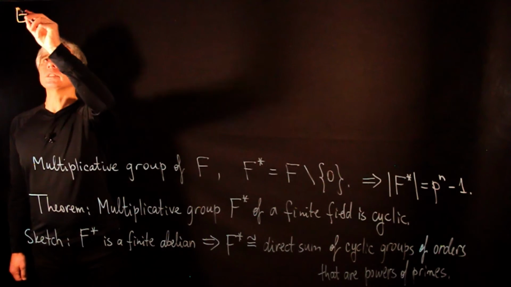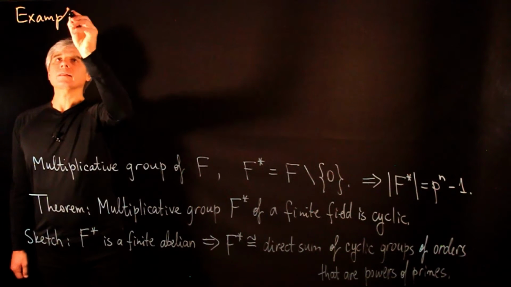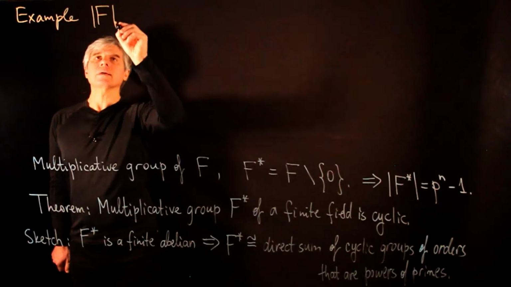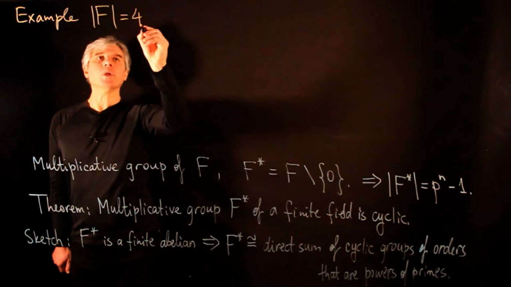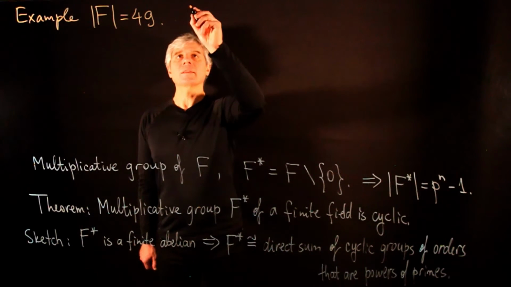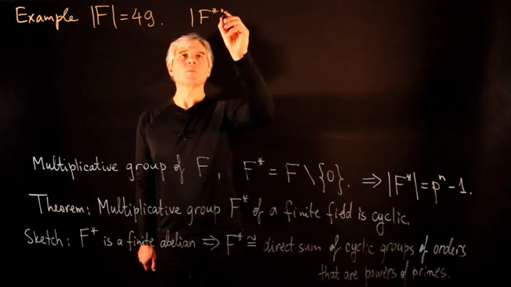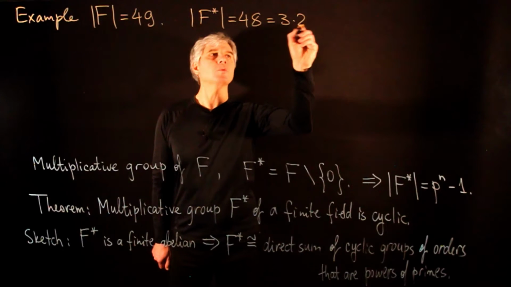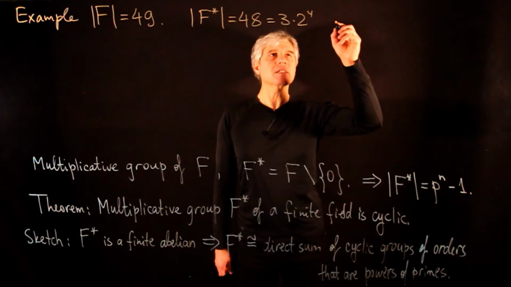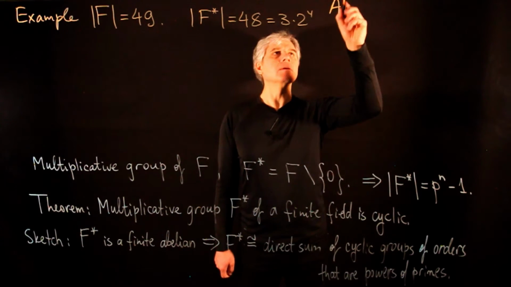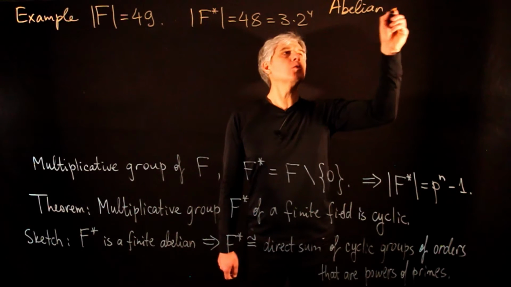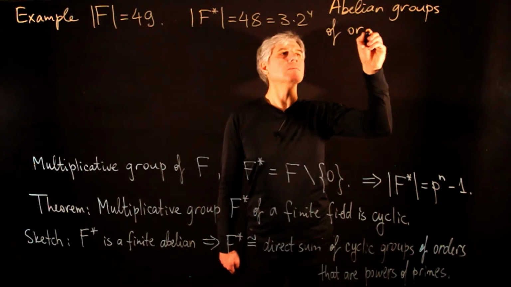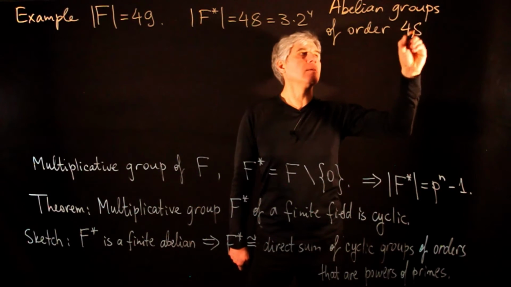Let us look at an example. Let's consider a field of characteristic 7 with 49 elements. Then the size of its multiplicative group is 48, which is 3 times 2 to the power 4. Let us give a list of all abelian groups of order 48.